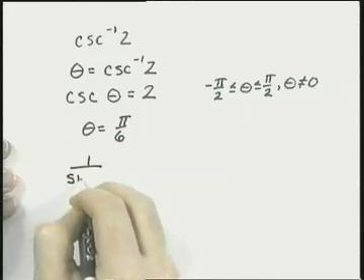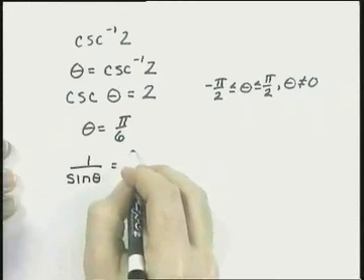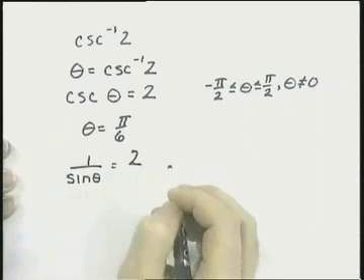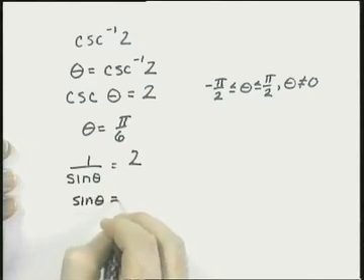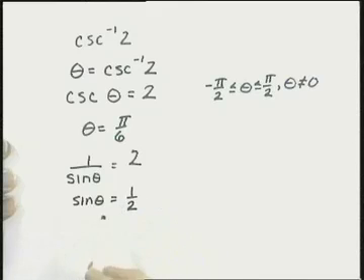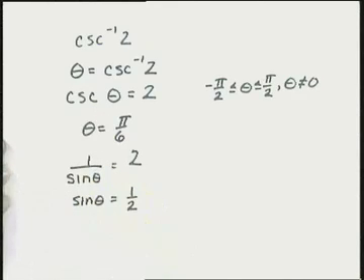Cosecant of theta is 1 over the sine of theta, right? So 1 over sine of theta is going to equal 2, so that sine of theta equals 1/2. Now, you should remember that the sine of pi over 6 is 1/2. So that'll help you to remember the angles for the cosecant function if you're having trouble remembering them.